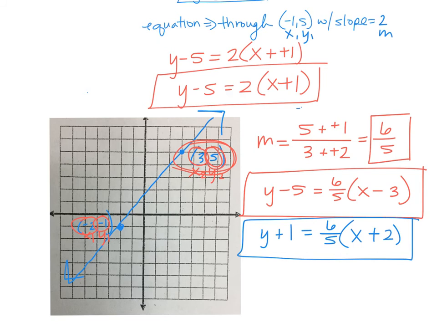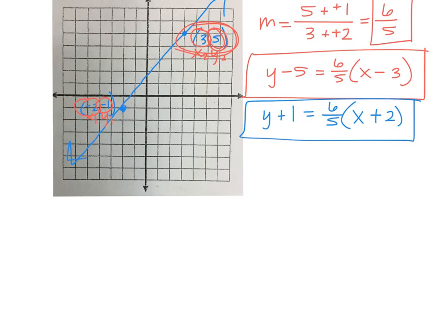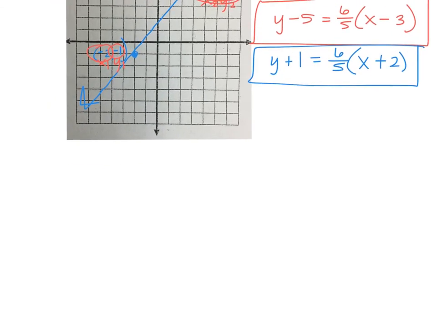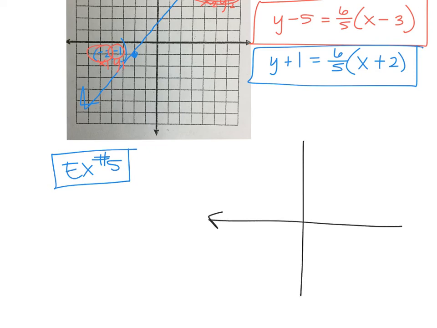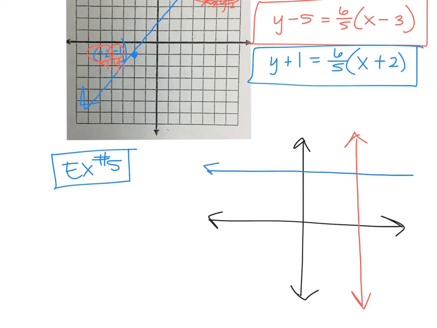Okay, the last thing. Let's say we have a coordinate plane, and there is this vertical line and this horizontal line, and the point where they meet is 2, 4.